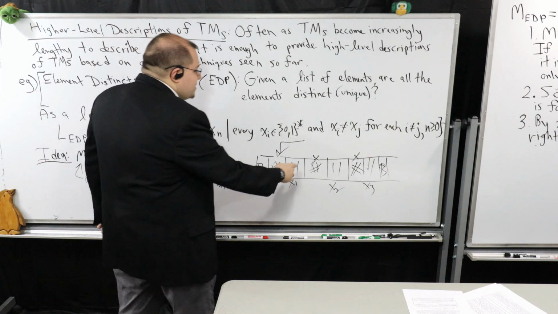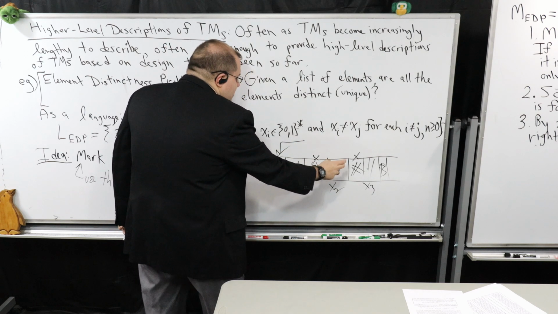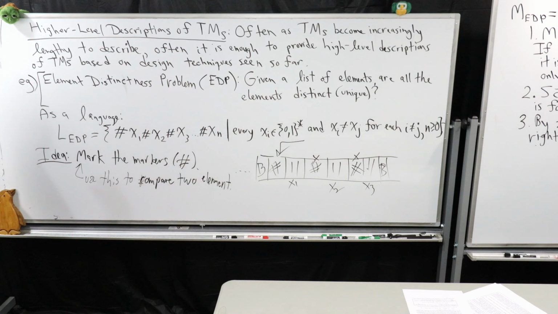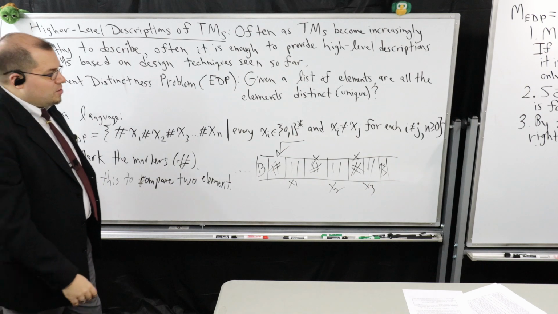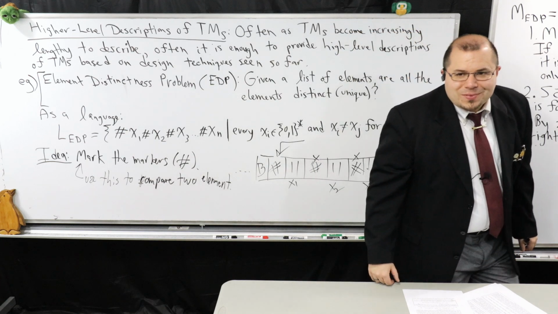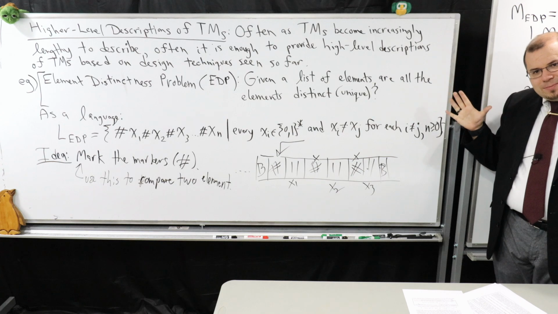However, I'm going to take advantage of the fact that these pound signs are located here, and I'm going to mark them to help me figure out which elements I'm comparing. As long as I make sure I can do this so that I check all of them, we're okay. So does everybody get the general idea?